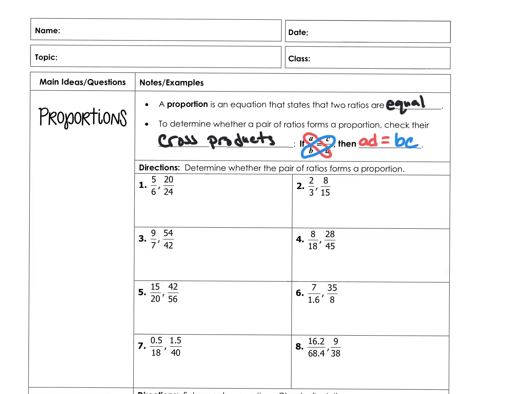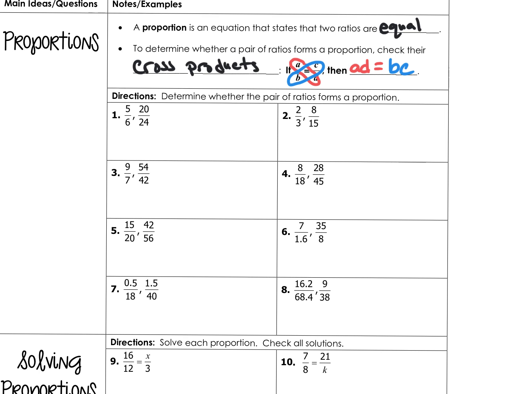So just really quickly, we're going to go through a couple of examples. All I'm going to do is multiply our cross products. We're going to determine, is 5 times 24 the same as 6 times 20?